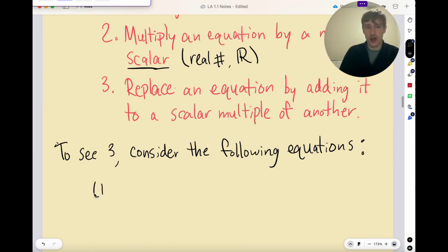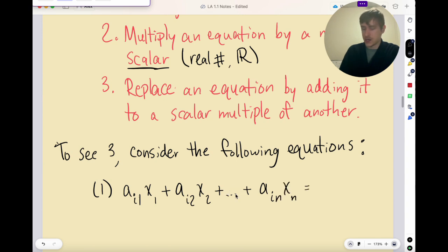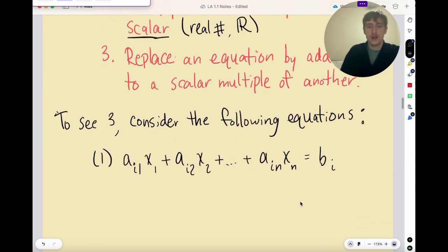So I'm going to index them as follows. I'm going to index the first equation with an i, and i could be anywhere. I'm letting it roam essentially. So I have ai1 x1 plus ai2 x2 plus yada yada yada plus ain xn equals bi. That's equation i, in a sense. And the second equation that I have, we'll do j.